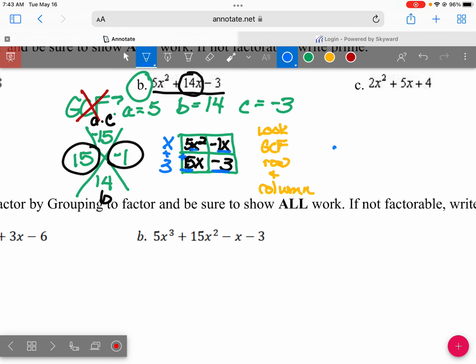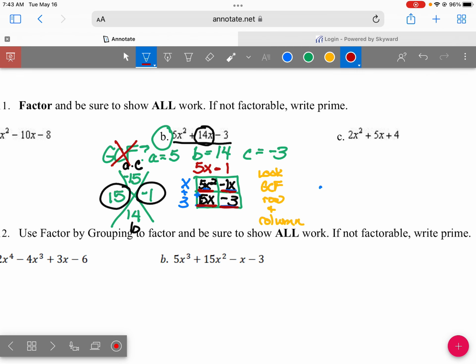Now I go in my column. 5x squared and 15x. Well, the 5 and 15, that greatest common factor would be a 5. Good. X squared and x, that would be an x. And then finally, negative 1x and negative 3 would be, looking at the numbers, negative 1 and negative 3. The only thing there is a negative 1.